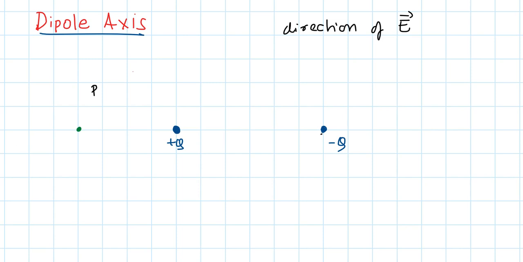So this brings us to the basic figure or the basic question. What is the electric field at point P due to 2-point charges? That's the question.